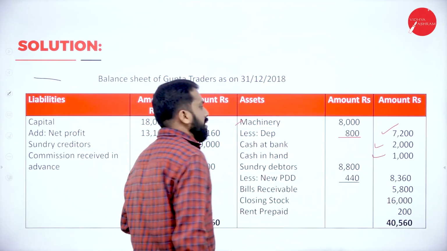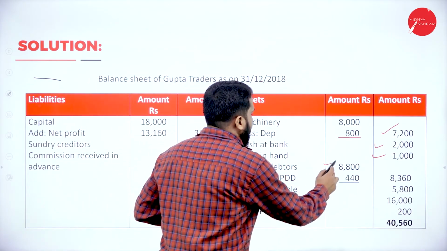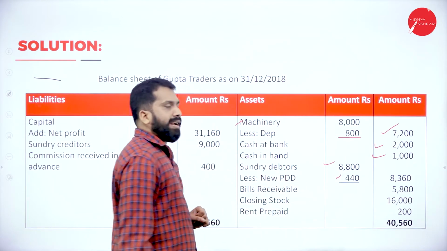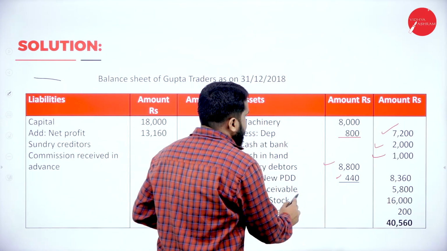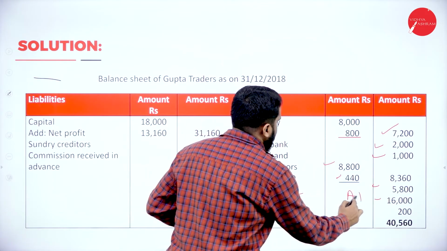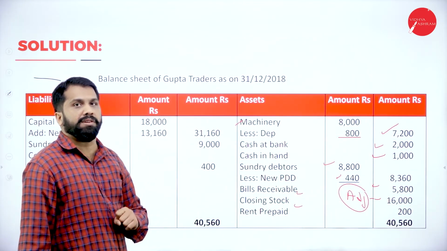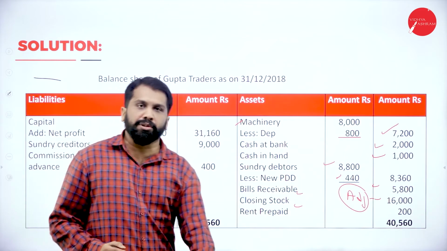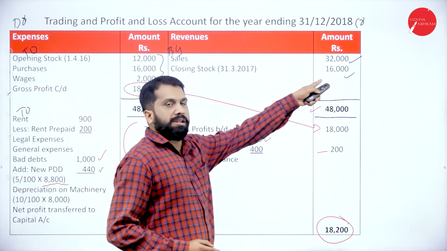Now, cash at bank, no adjustment. Cash in hand, no adjustment. Copy, paste. Then, debtors actual value minus, you will get 8,360. Then, your bills receivable, copy paste. Closing stock you will get from the adjustment. Remember, don't look for it in the table, you are supposed to consider it from the adjustment. I'll show you. See, closing stock we have already taken as 16,000.